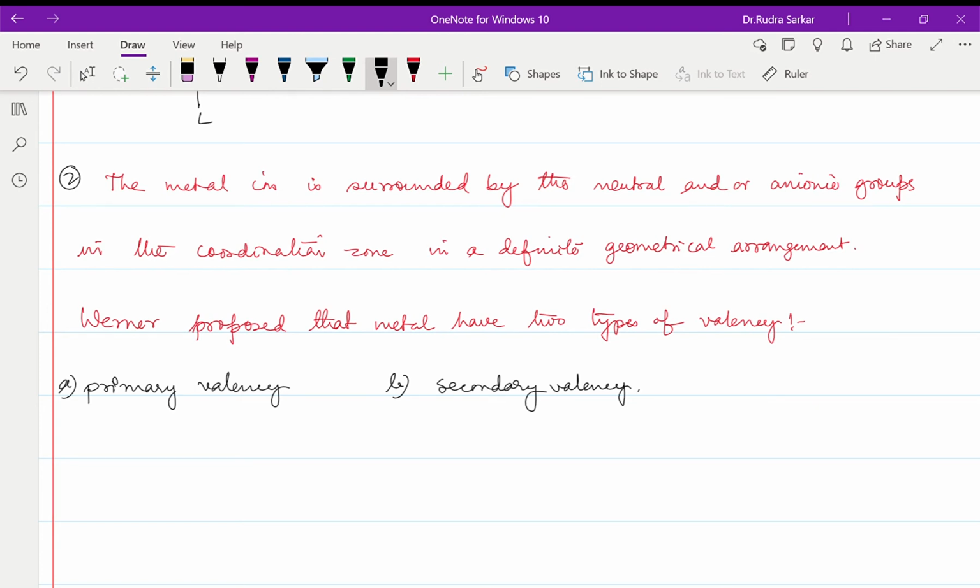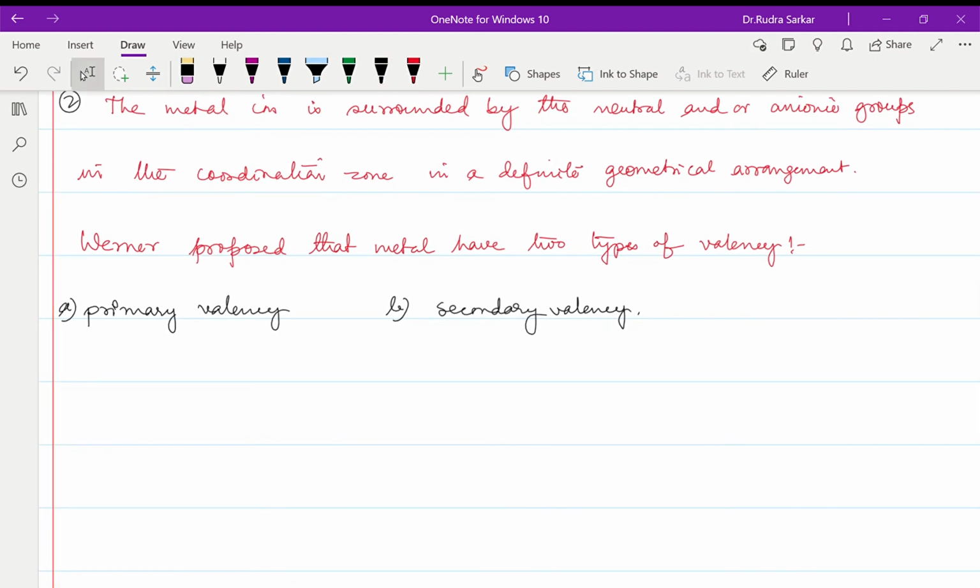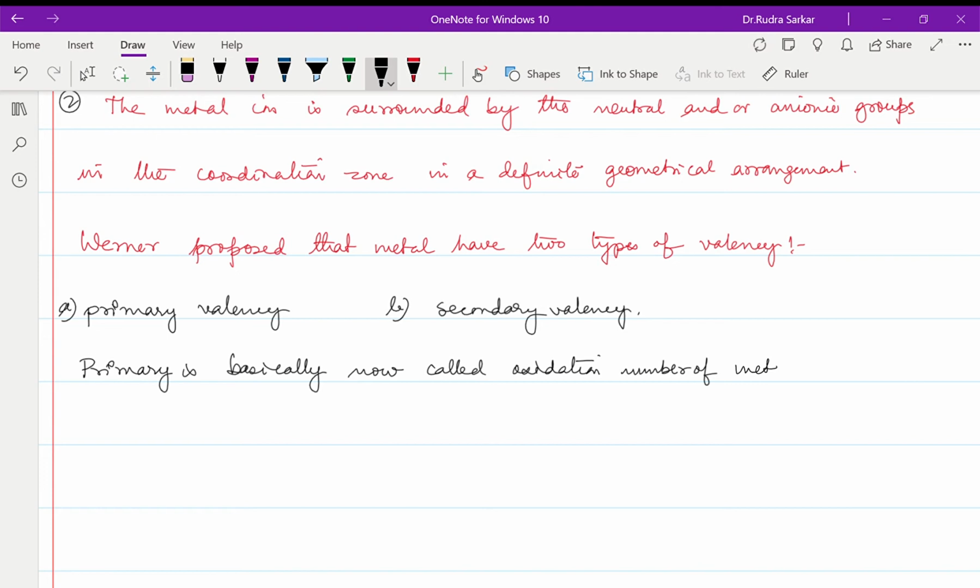We will know later that primary valency is basically now called the oxidation number of the metal, as simple as that.